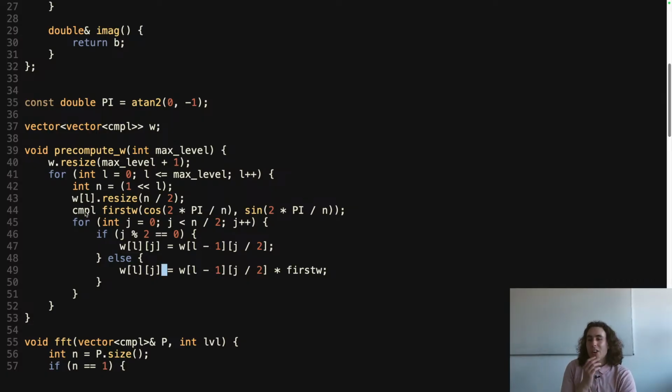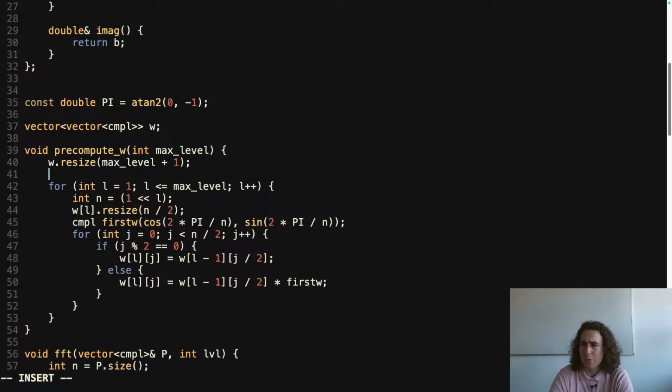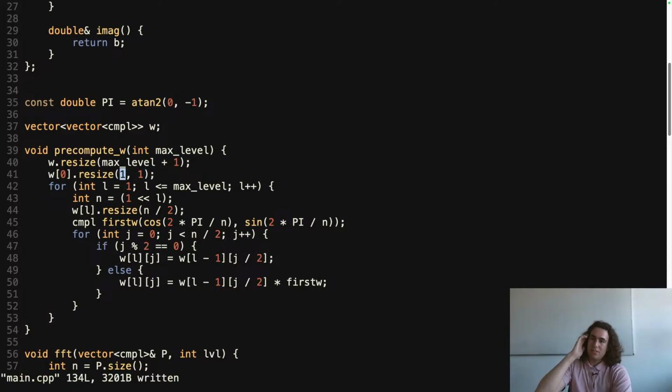And here we only compute like log n different roots. I guess the only problem is that we probably cannot do this for the 0th level, right? But we don't care about the 0th level anyway, we can say that W0 is just 1, whatever. We never use the 0th level anyway.